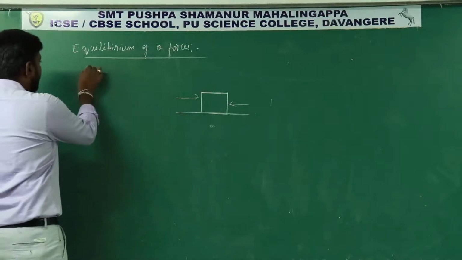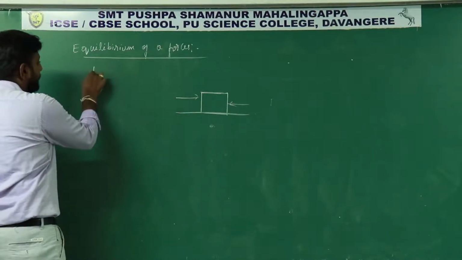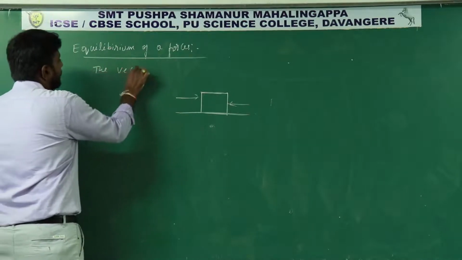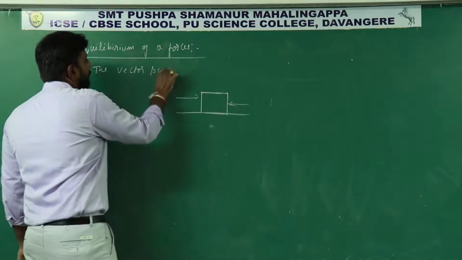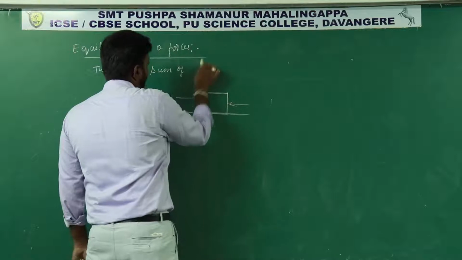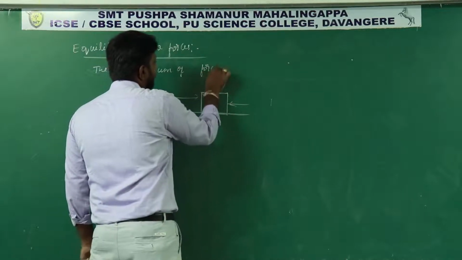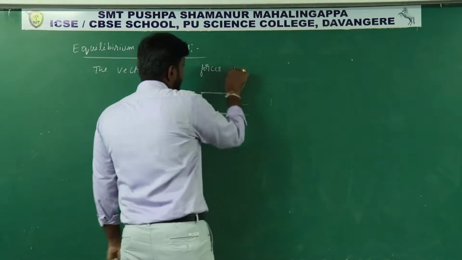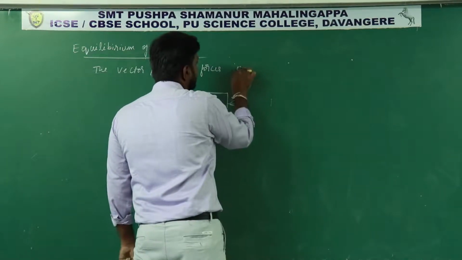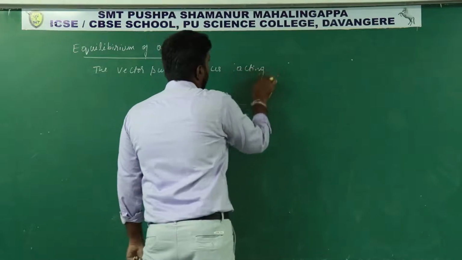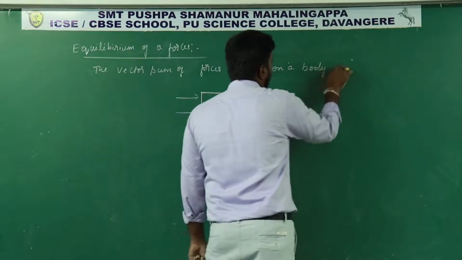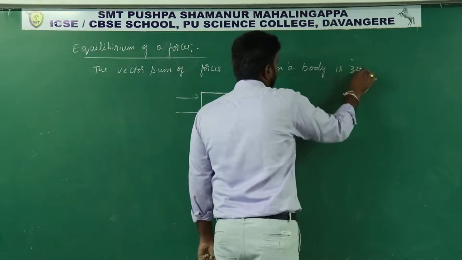So it is defined like this. Equilibrium of a force means the vector sum of forces acting on a body is 0.